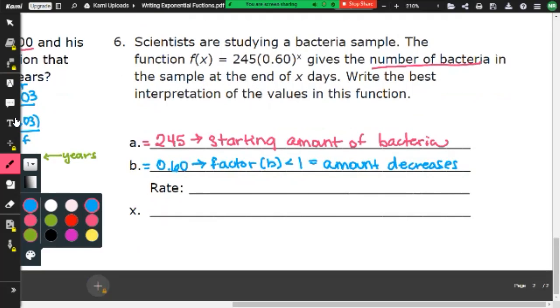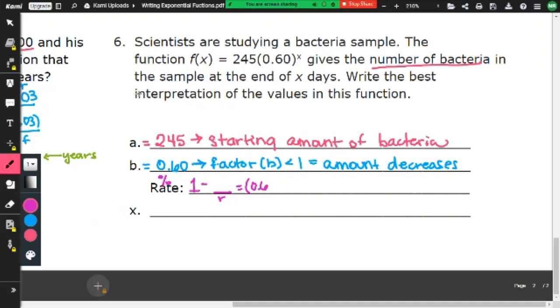Now we've got to find the rate within the factor. Rate has to be written as a percent. If we're decreasing, that's 1 minus. We know that the factor is 0.60. So what did I subtract from 1 to get to 0.60? 0.40. 0.40 has to be written as a percent, giving us 40%.